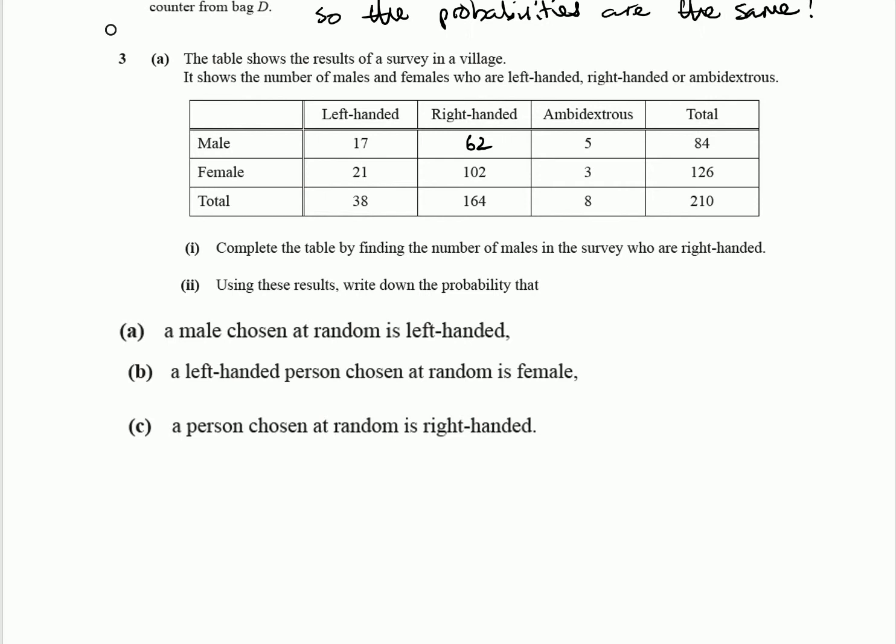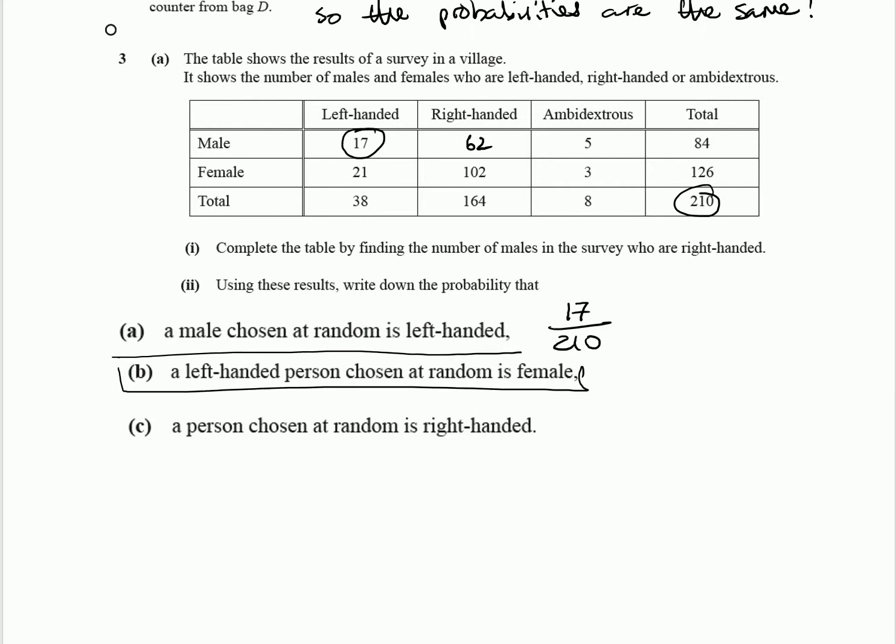Now, I want to write down the probability that a male chosen at random is left-handed. Well, there are 17 left-handed males, and I'm choosing from 210. So that's my probability. 17 divided by 210 doesn't simplify, so I'm going to leave that as it is. Now watch very carefully, this is the trickiest question we've seen so far.